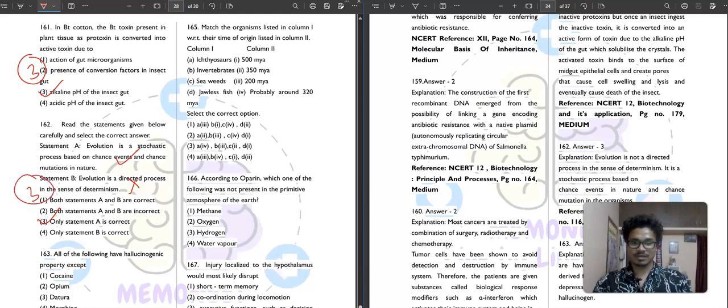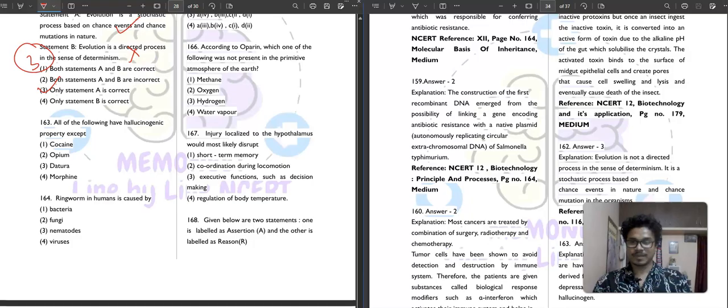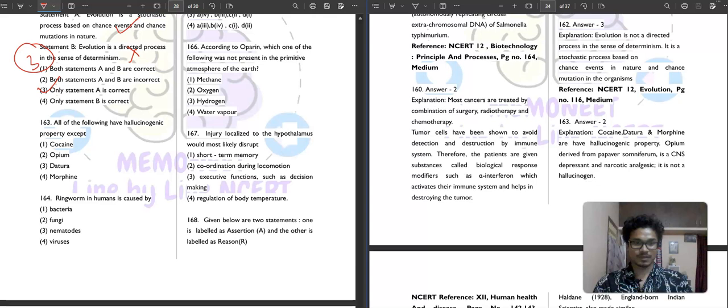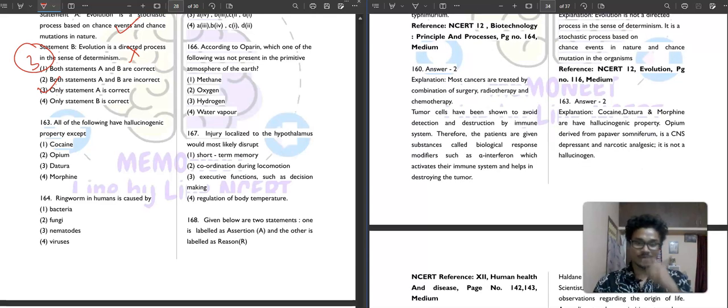Then question number 163. It is saying that all of the following have hallucinogenic property except cocaine, opium, datura or morphine. So, cocaine, opium, datura and morphine. So, opium doesn't have a hallucinogenic property.